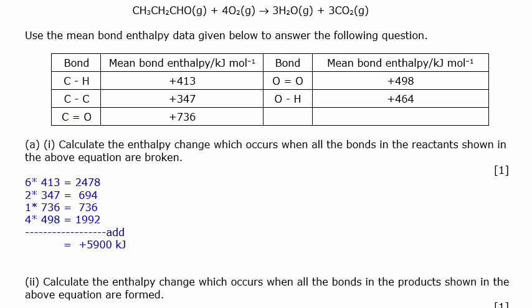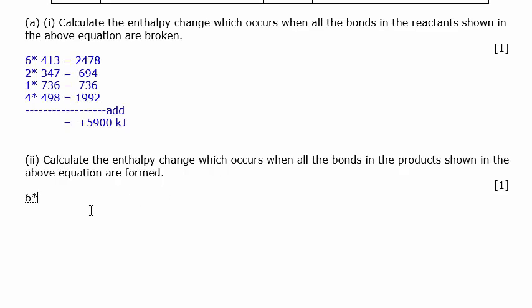times the OH bond energy, which is 464, equals 2784. And 6 times C double bond O, 736, equals 4416.